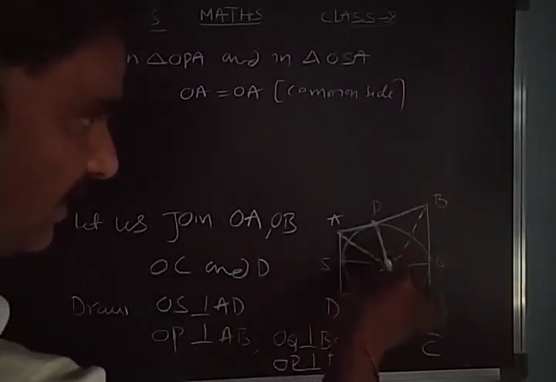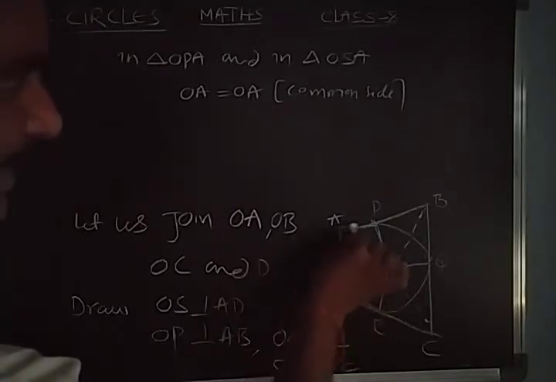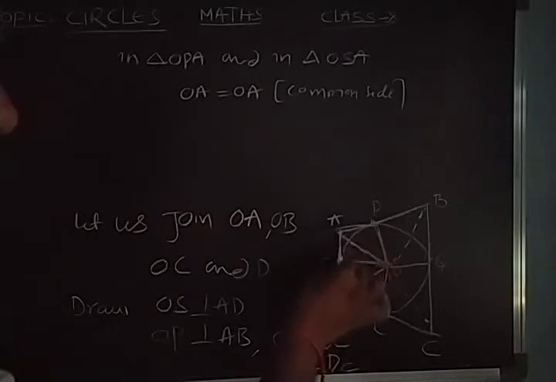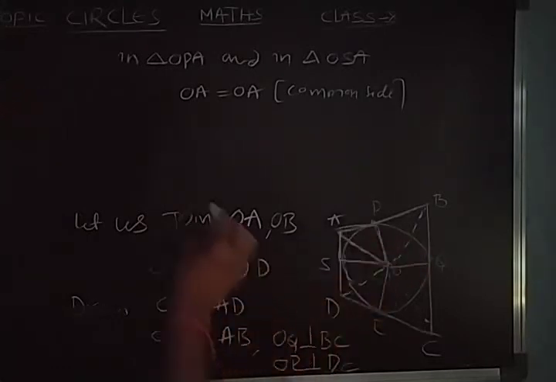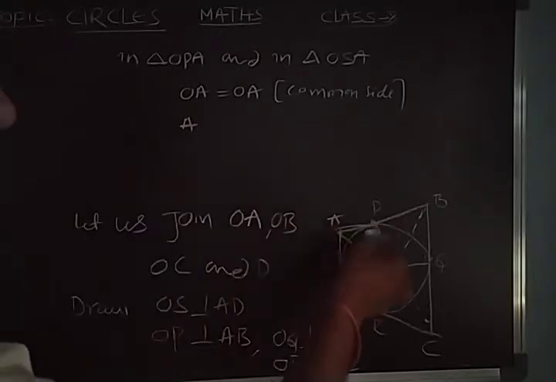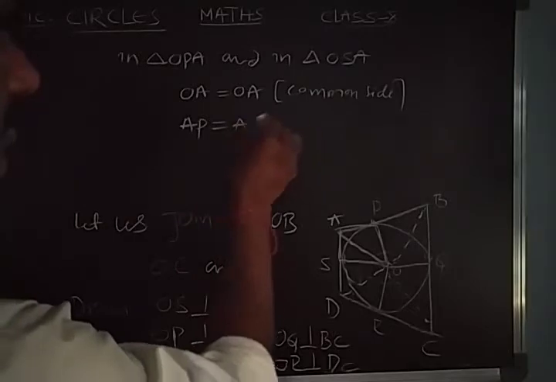I consider this triangle and this triangle. Okay, this is the common side. And AP equal to AS. Why? Because from the external point these two are tangents. AP is one tangent, AS is one tangent. And from the external point, tangent lengths are equal. AP equal to AS.